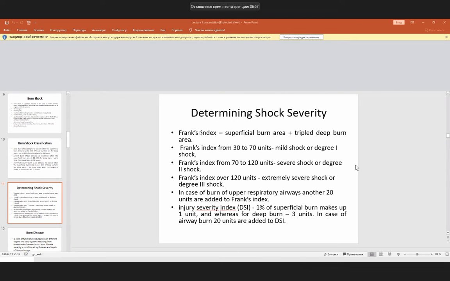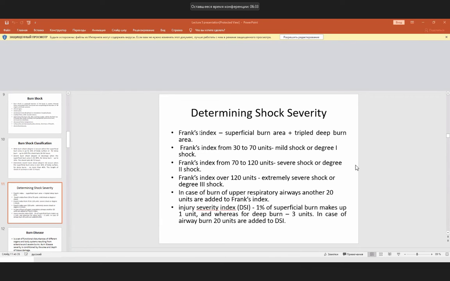According to this index, 1% of superficial burn makes up 1 unit, whereas for deep burn, 3 units. In the case of airway burn, 20 units are added to the ISI.